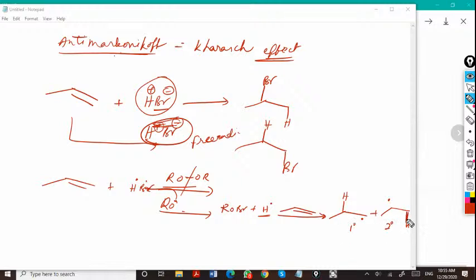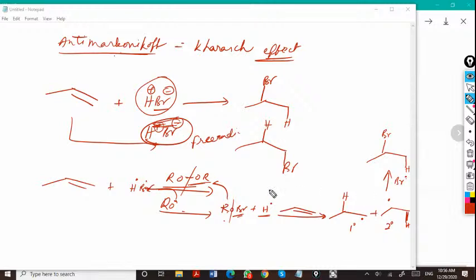As the secondary is more stable, it will react further with the bromine radical.